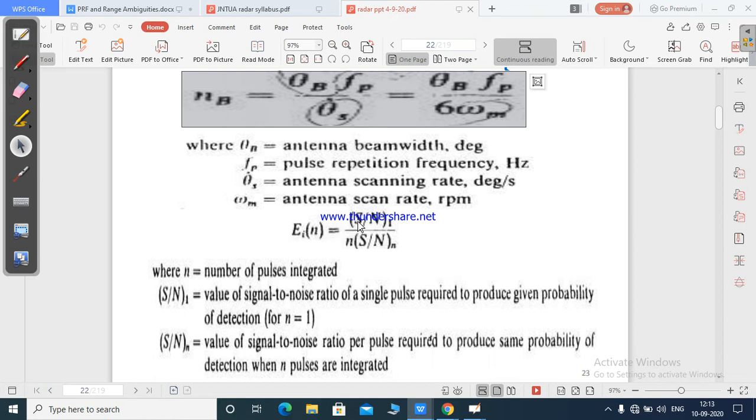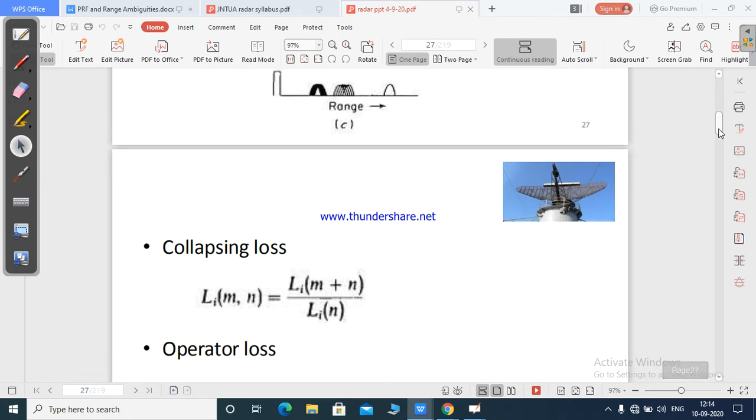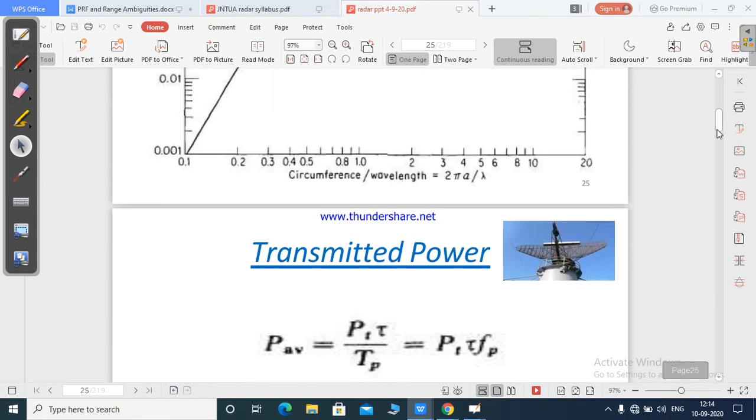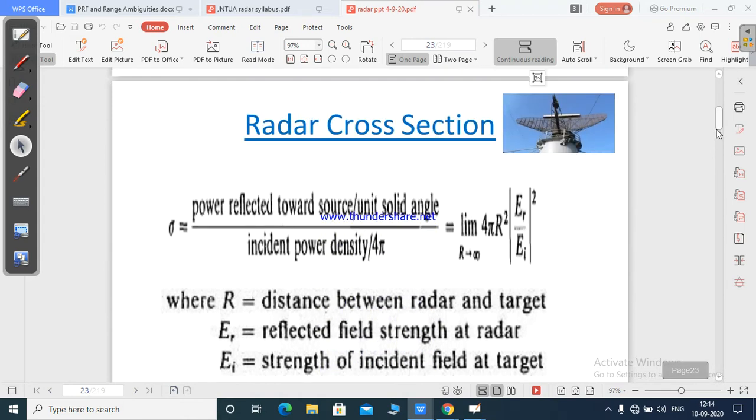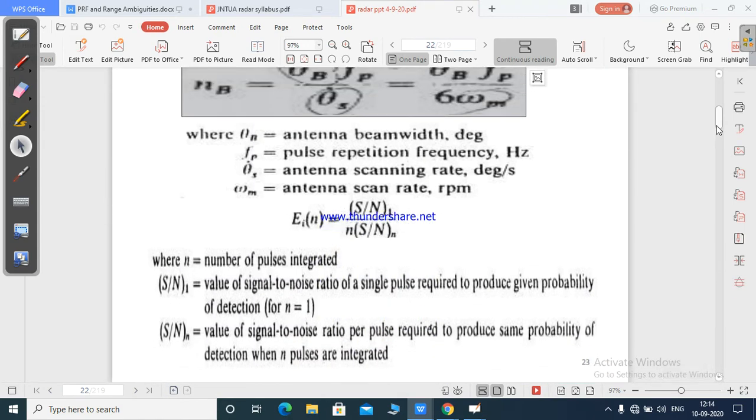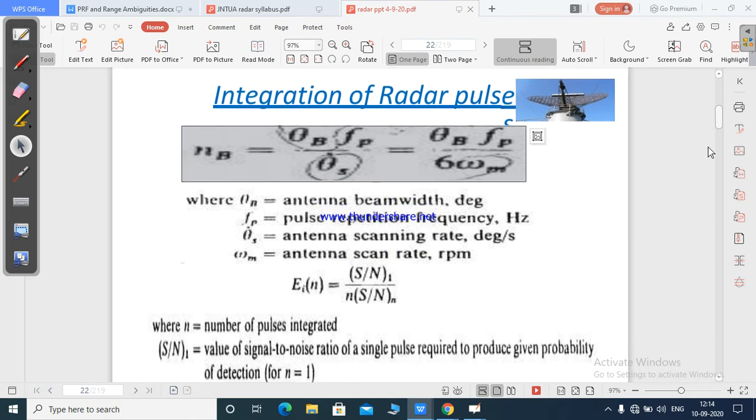It can be given as the signal to noise ratio for a single pulse to the signal to noise ratio for n number of pulses. This is the ratio between a single pulse and n number of pulses. This is the integration of radar pulse.